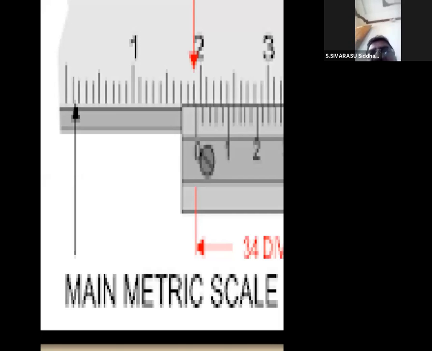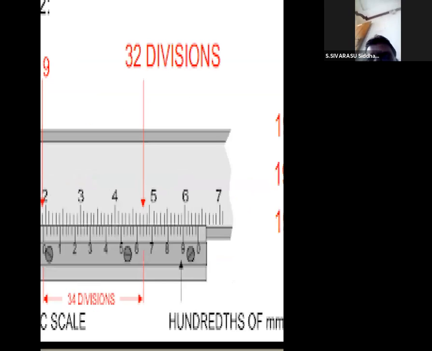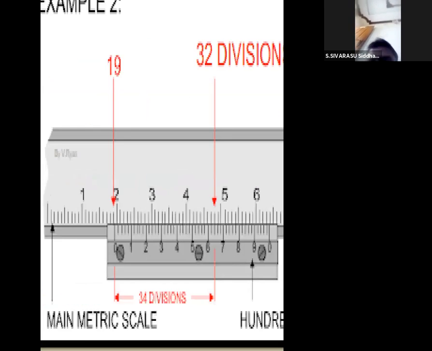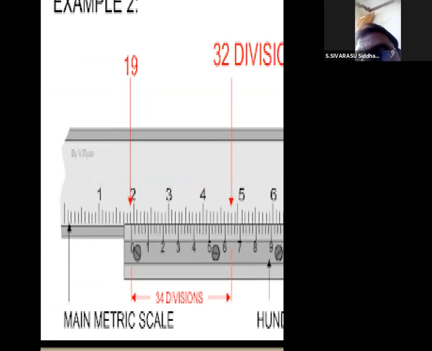Kindly zoom in and see the diagram. Now, if you look at this diagram, the main scale division is already there, where the Vernier scale division 0 starts.